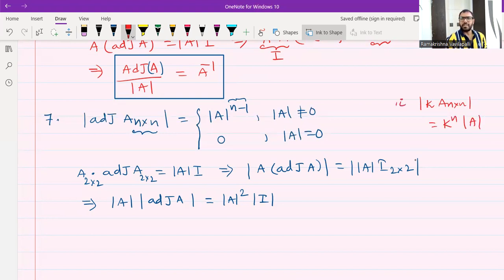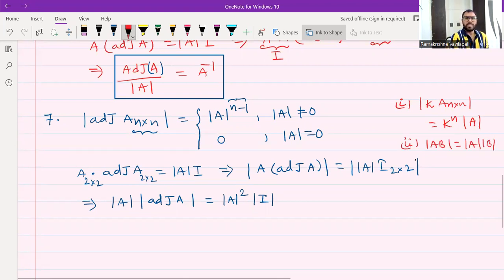And determinant of AB equal to whatever I am using concepts here that I am writing. Det A into det B. Well, now you see this implies, okay, this implies here you can cancel one det A, right?